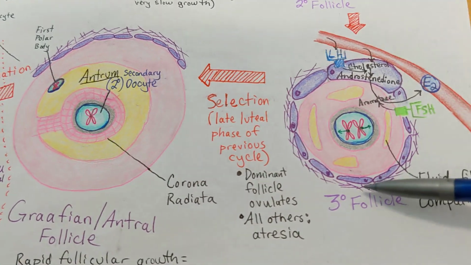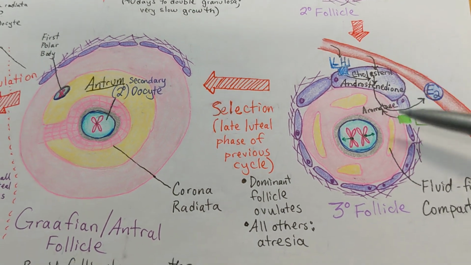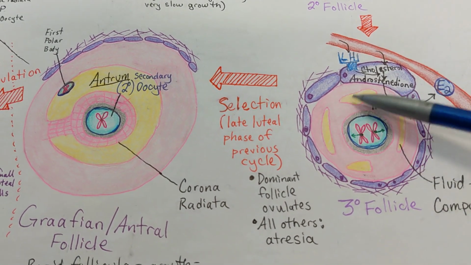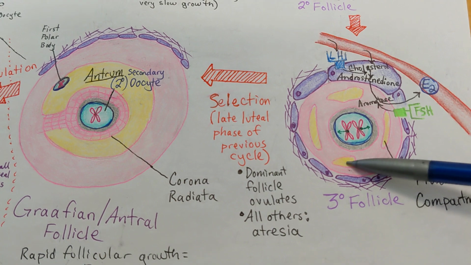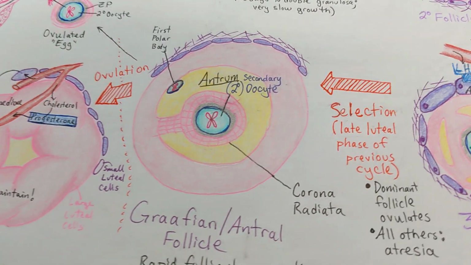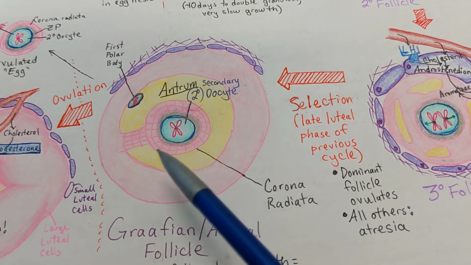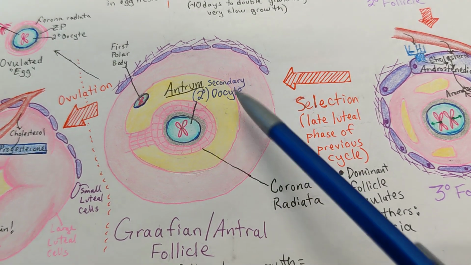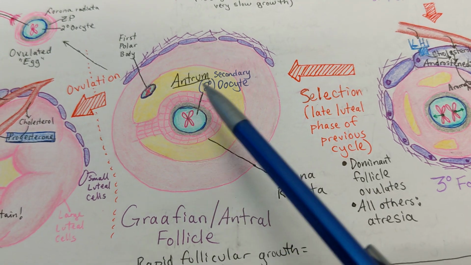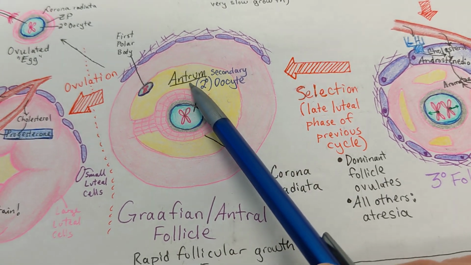Okay. As I said before, in the secondary to tertiary follicle, there are these little pockets of fluid that are forming in between the granulosa cells. By the time the follicle is mature, all of those little pockets are going to fuse together to form one big fluid-filled cavity called the antrum.